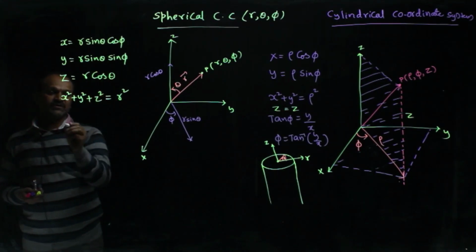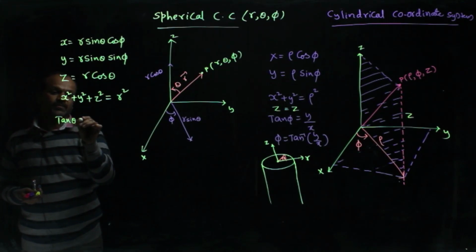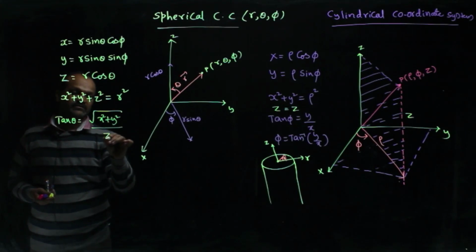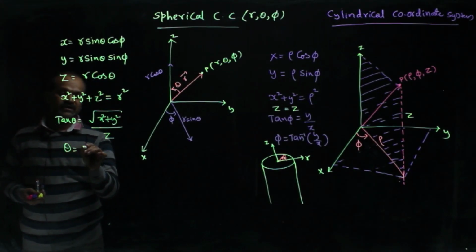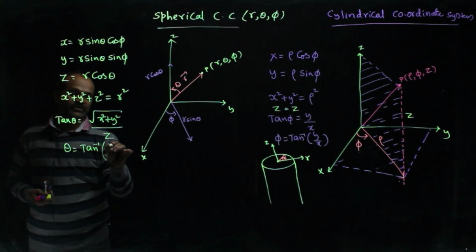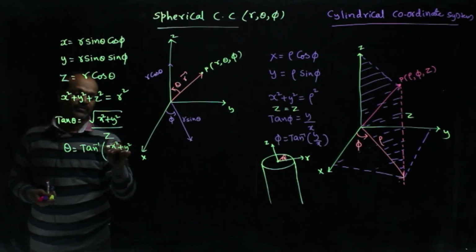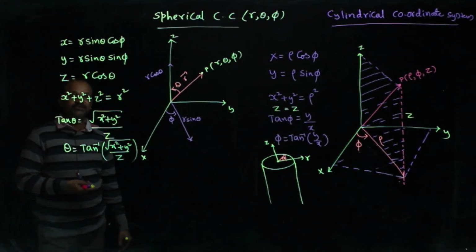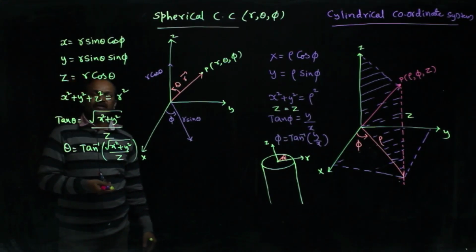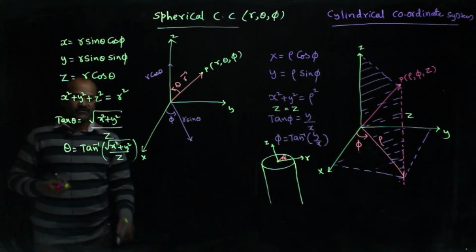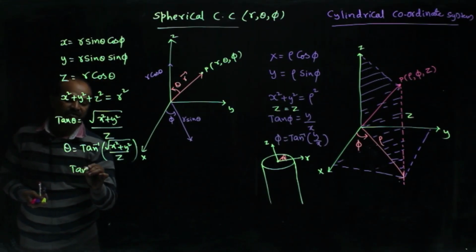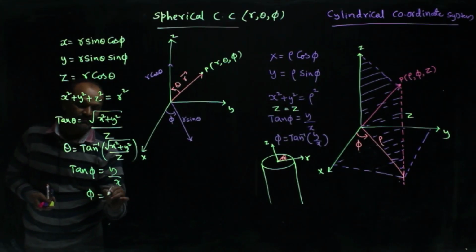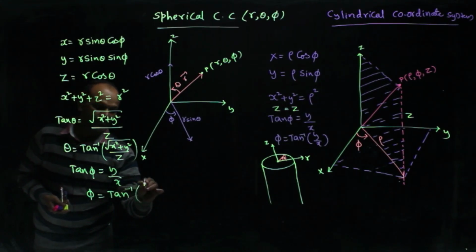Finally, tan square theta you will get. So tan theta you can write as root of x square plus y square by z. So theta is tan inverse of root of x square plus y square by z. Phi, take the ratio of y by x. If you take tan phi you will get y by x. So from here phi is equal to tan inverse of y by x.